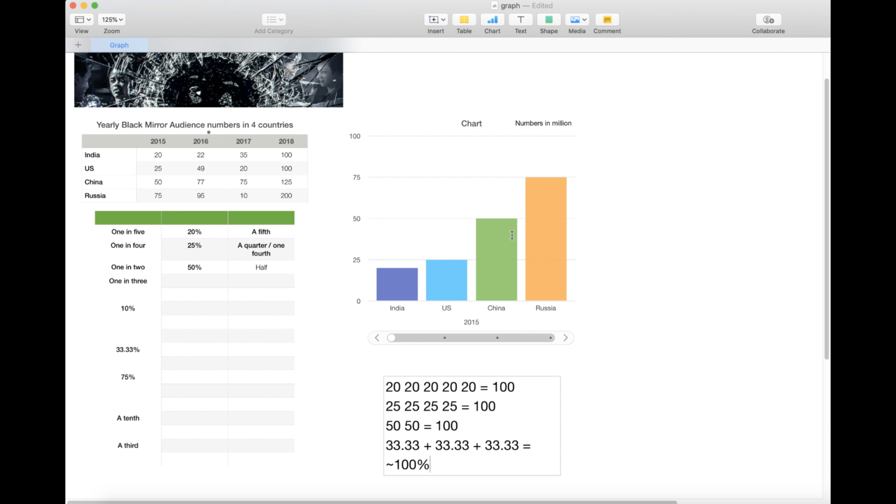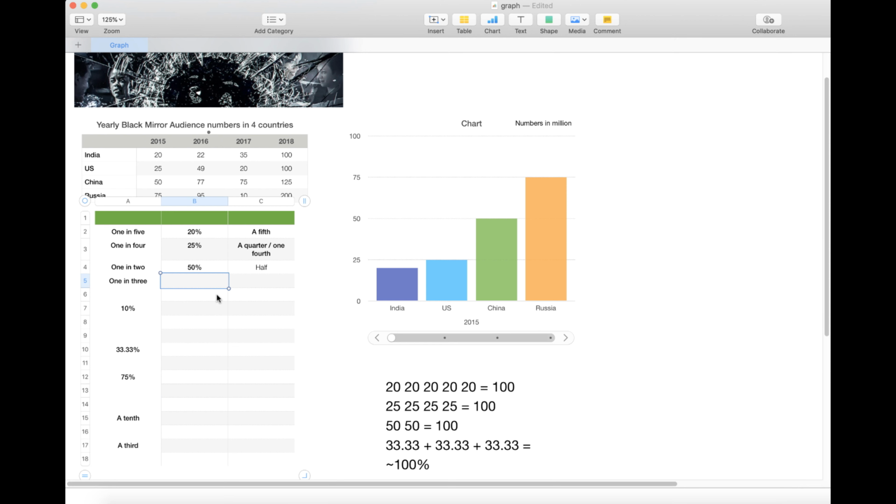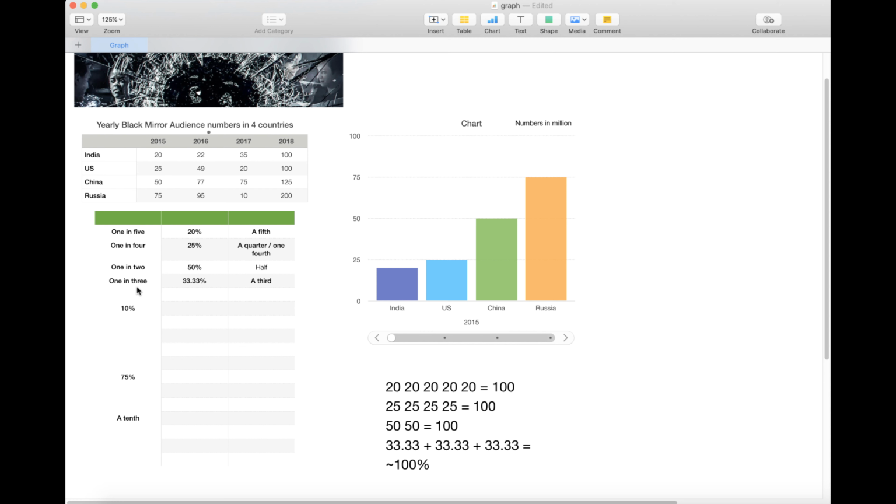We're not trying to be accurate here. We're trying to be as close to accurate as possible. So 1 in 3 here would be 33%. Or you could say a third. It means the exact same thing. You can see how many different ways you have for saying the same number.